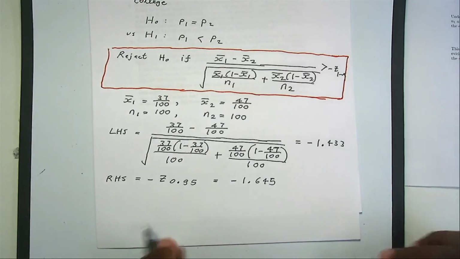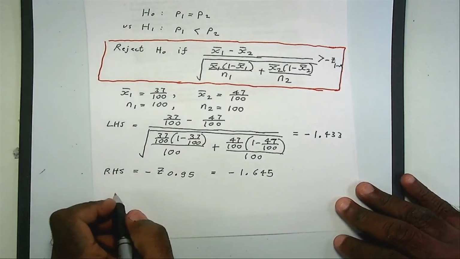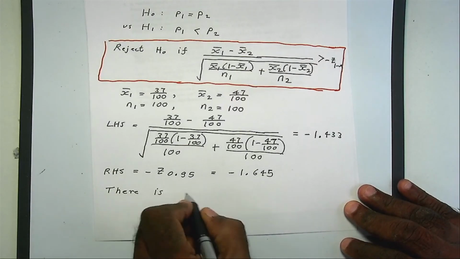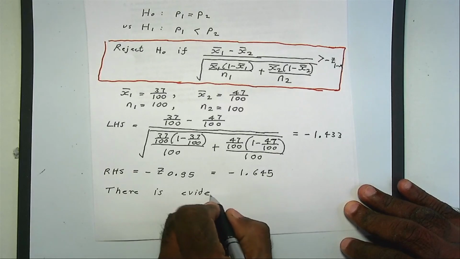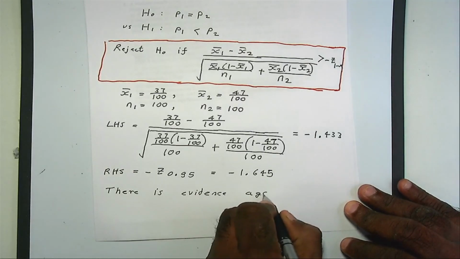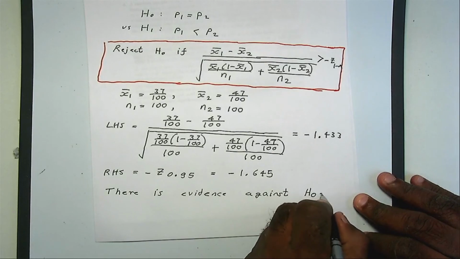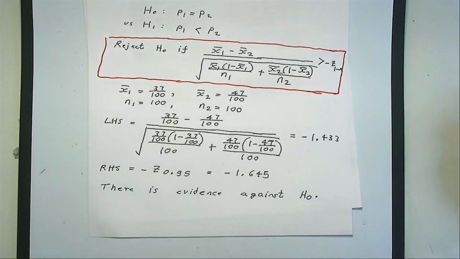So the conclusion is that there is evidence to support that the proportion of people believing in extraterrestrials but who did not attend college is less than the proportion of people believing in extraterrestrials who did attend college.